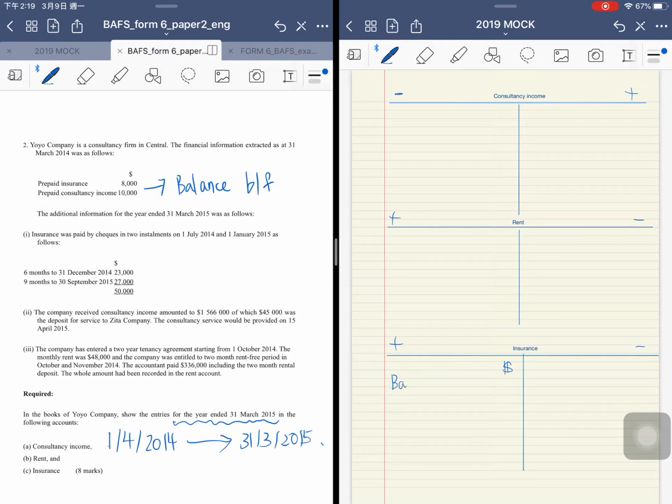We have the balance brought forward, and for the consultancy income we have 10,000.